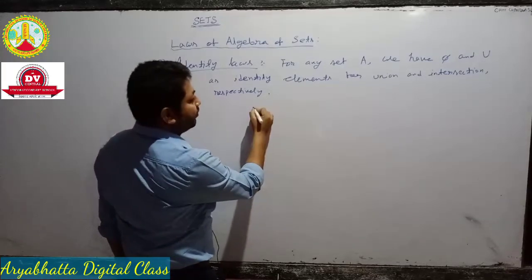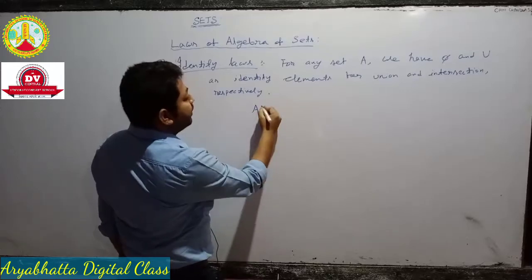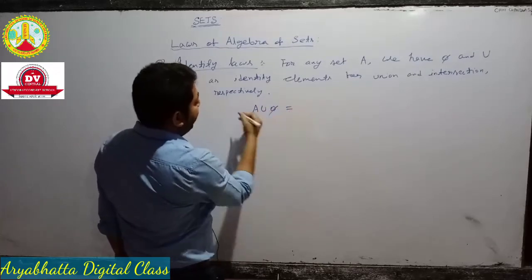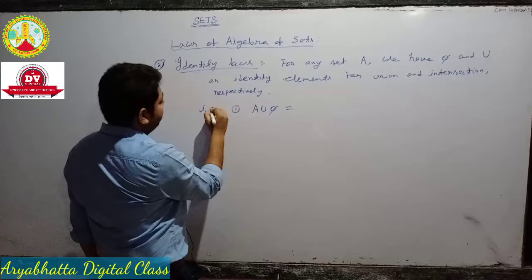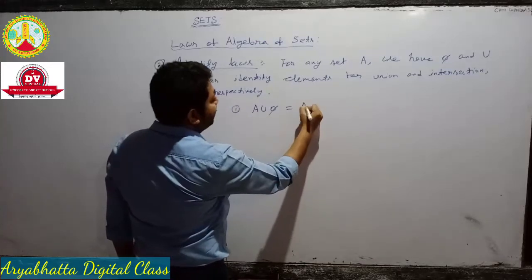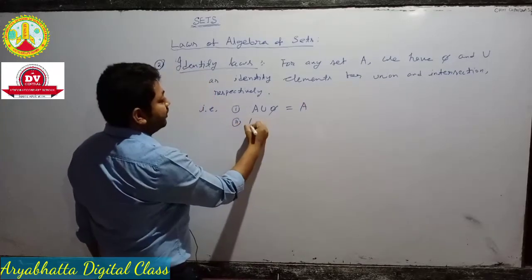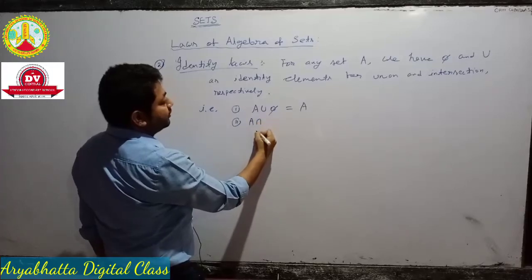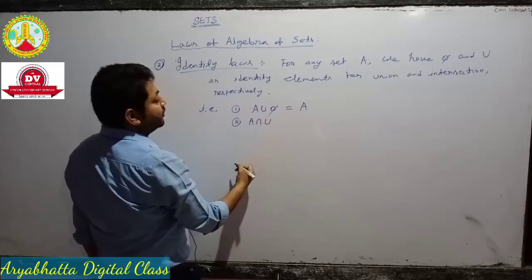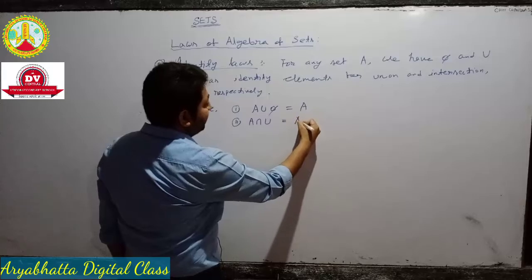That is, number 1, A union phi is equal to A. Number 2, A intersection U, the universal set, is equal to A.